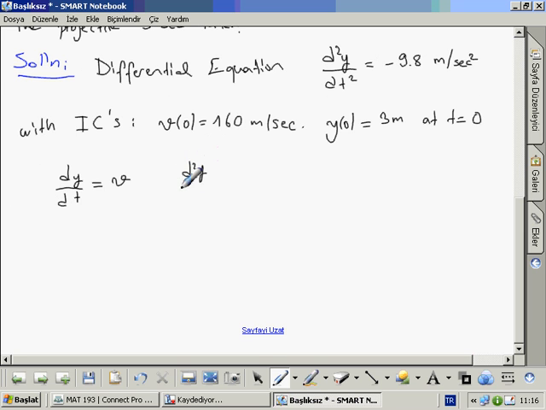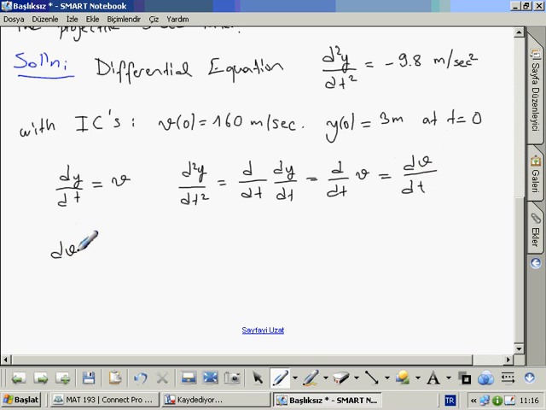We know that ∂y over ∂t equals v, and ∂ squared y over ∂t squared equals ∂ over ∂t of ∂y over ∂t. We know that ∂y over ∂t is v, so it equals ∂v over ∂t, right?